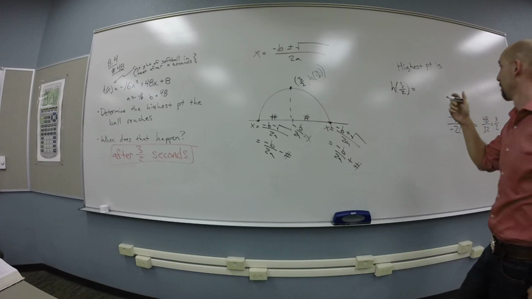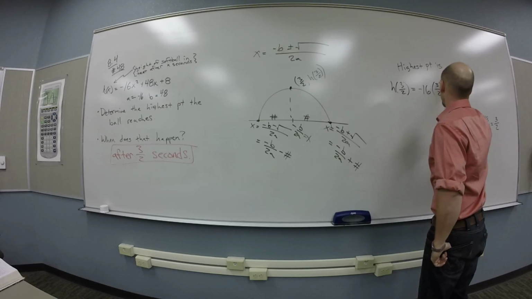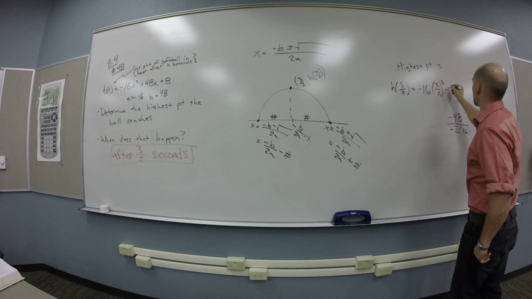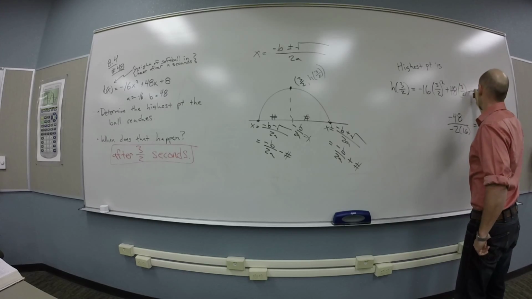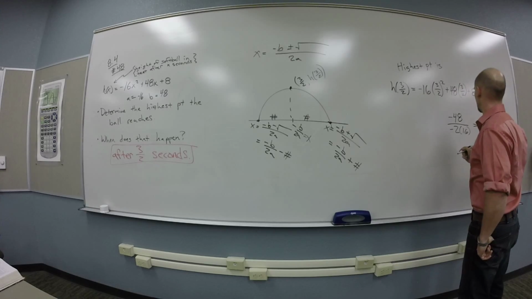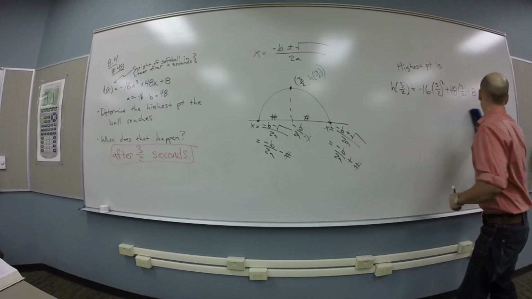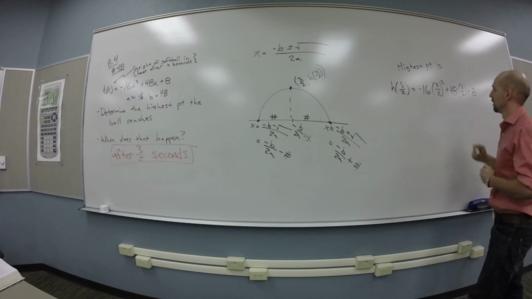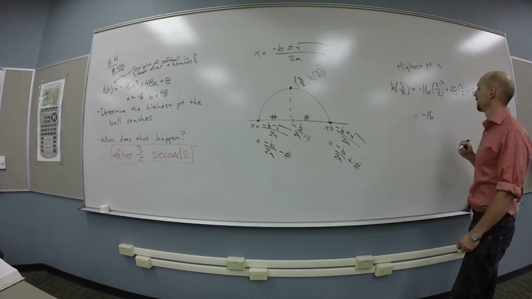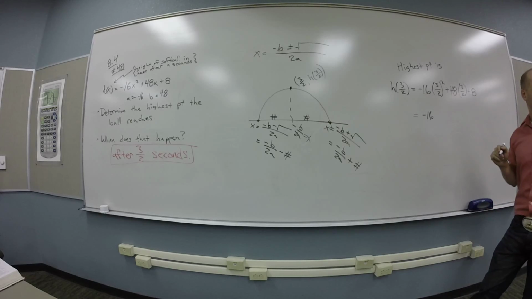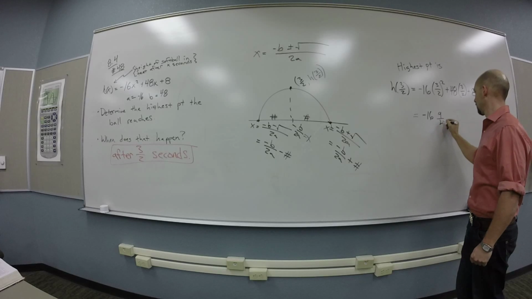Negative 16 times 3/2 squared, plus 48 times 3/2, plus 8. Okay, let's see. So this is negative 16 times 3/2 squared, which is 9/4.